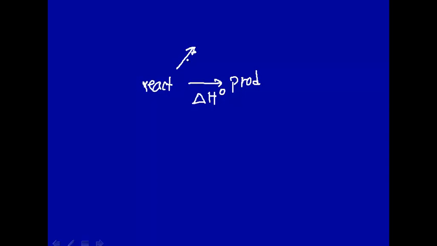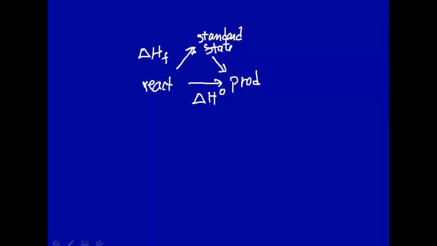You take the reactants and put them into their standard state. Like O2 gas would be the standard state for oxygen. Standard state, remember, is at 25 degrees. And then you take them from the standard state and go to the products.